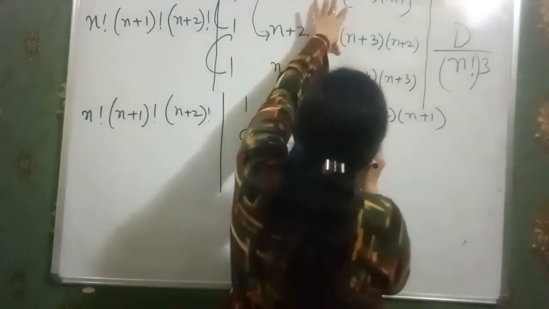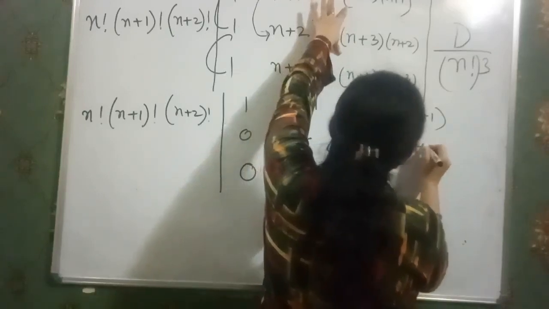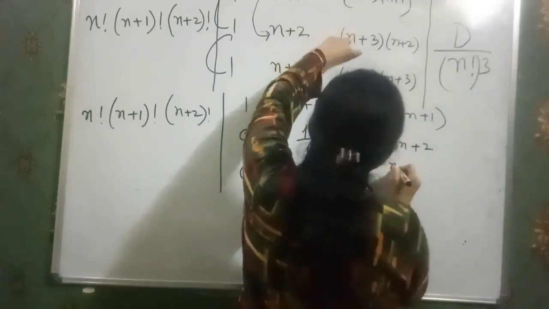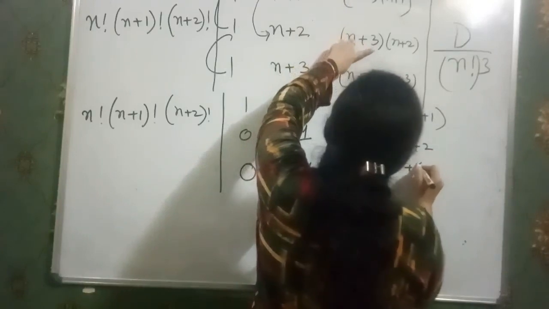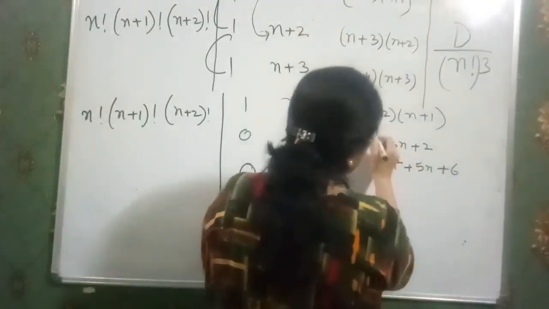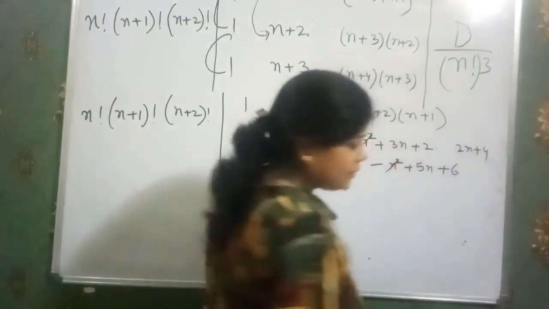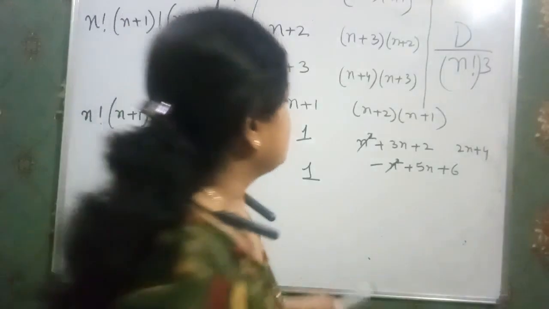We have n square plus 3n plus 2 minus n square plus 5n plus 6. So we see that it gets cancelled. We have 2n plus 4. Okay.